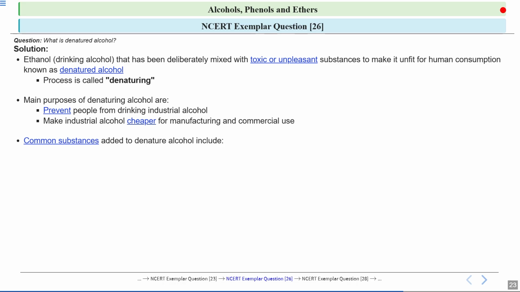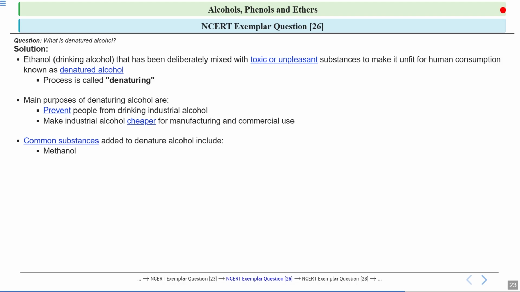Now, how do you make it unfit for human drinking? Common substances are added to denature the alcohols. So, what are those substances? It is methanol. Methanol is often used as an additive. Methanol is highly toxic. Even a minute quantity of methanol can cause the death of a person.